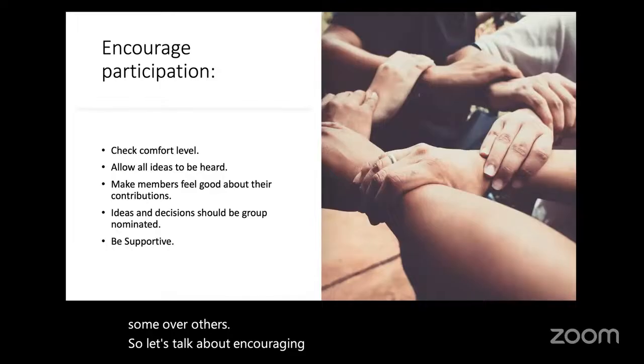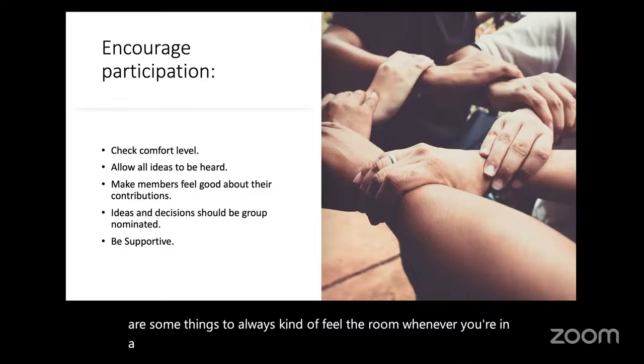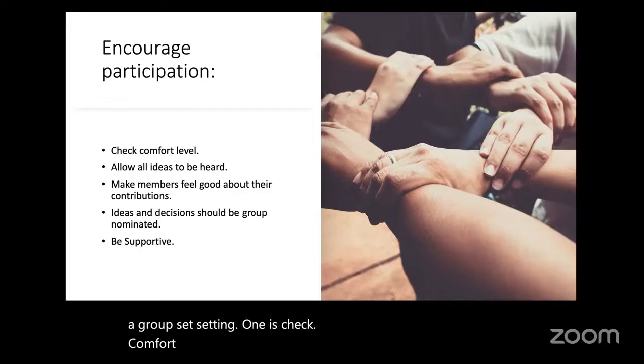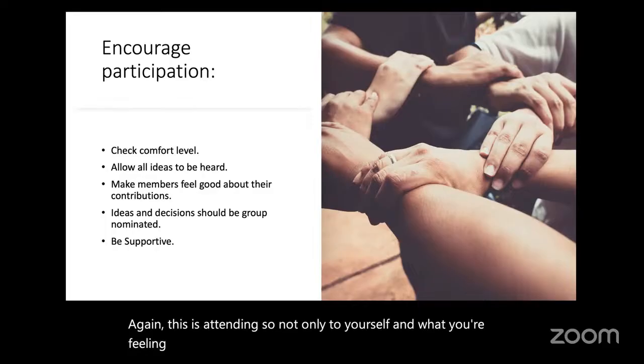Okay. First of all, these are some things to always kind of feel the room whenever you're in a group setting. One is check comfort levels. Okay. Again, this is attending. So not only to yourself and what you're feeling, but your clients as well.